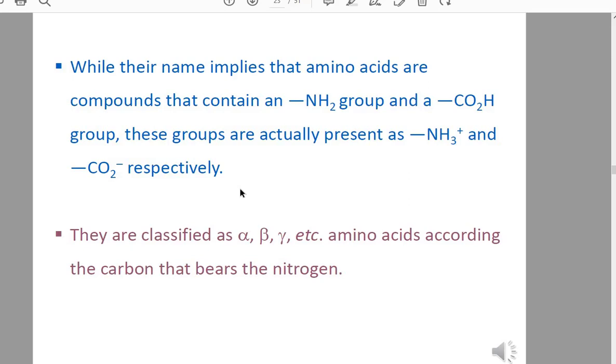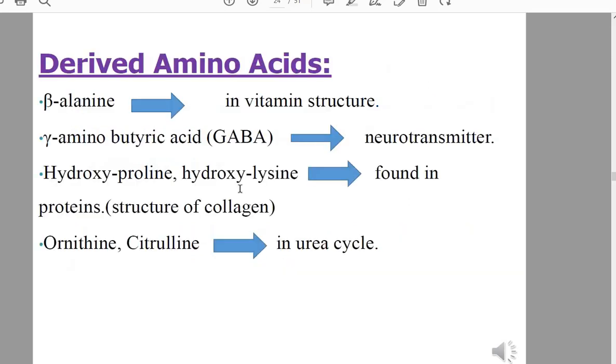All amino acids that enter our body proteins are alpha L amino acids, but there are specific amino acids which are not alpha amino acids, so they are derived amino acids. They are not in the structure of our body protein, but they enter in specific structures. So when the amino group is attached to a carbon atom other than the alpha carbon atom, they are called derived amino acids.